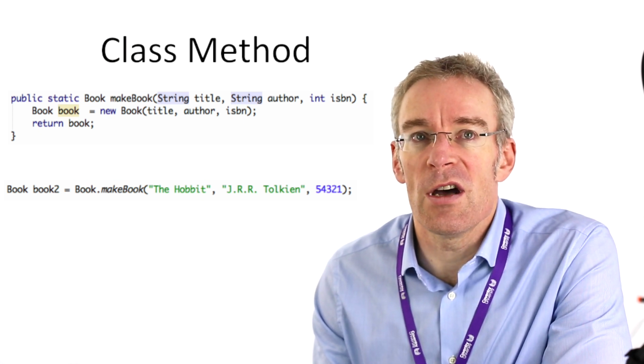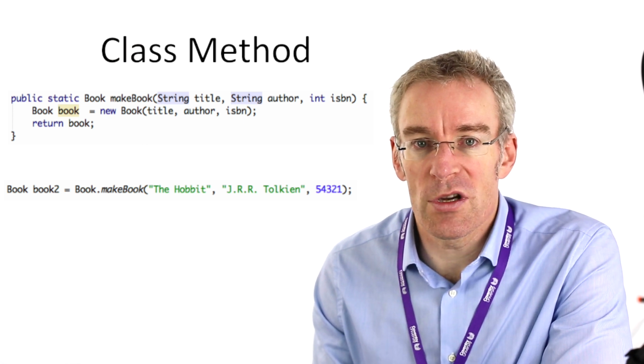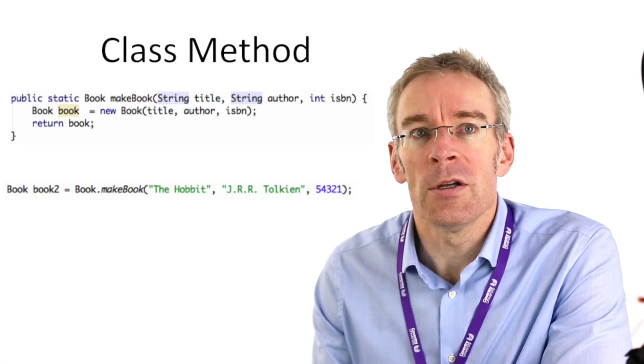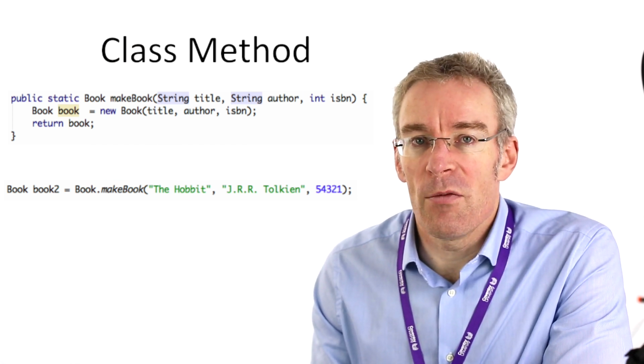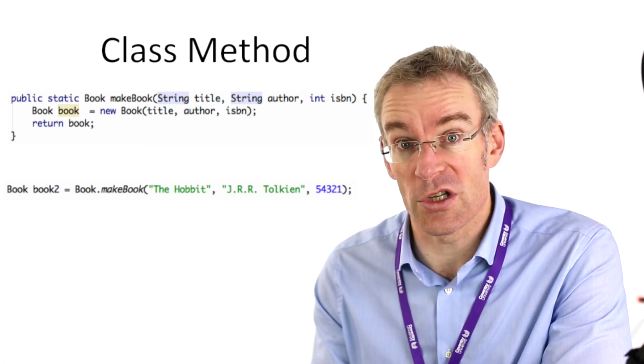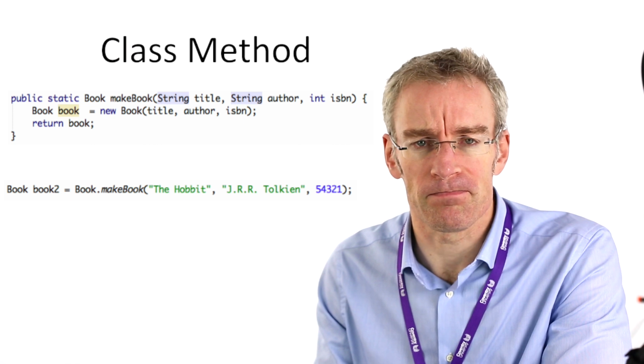So I've got a method in my class which returns an instance of that class, and that's quite common. In my class method, I'm calling the constructor, and I'm returning the book I've just created.